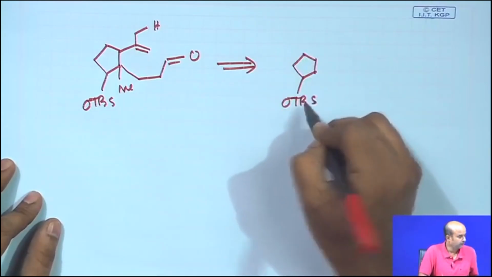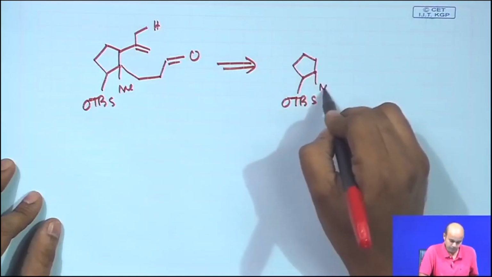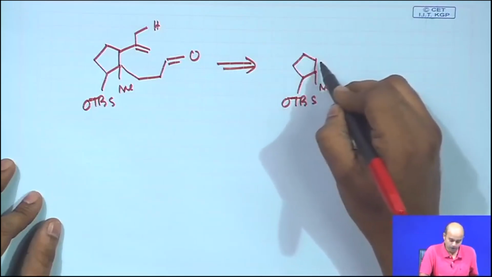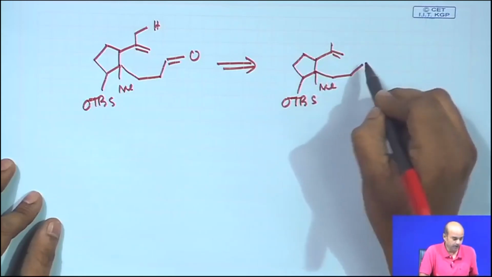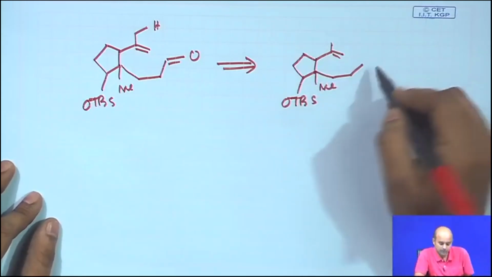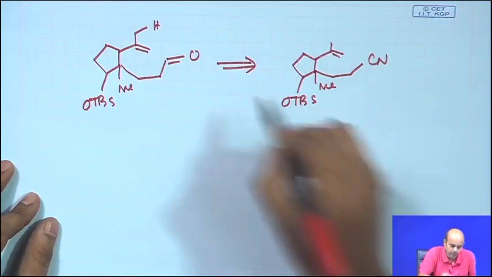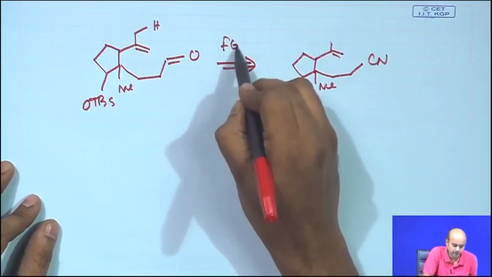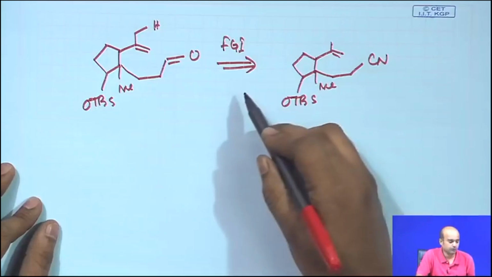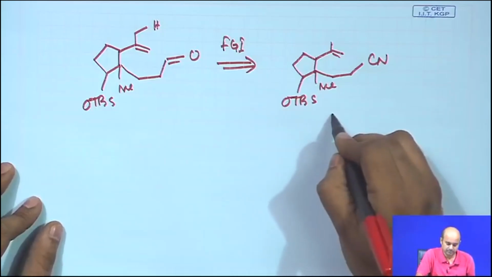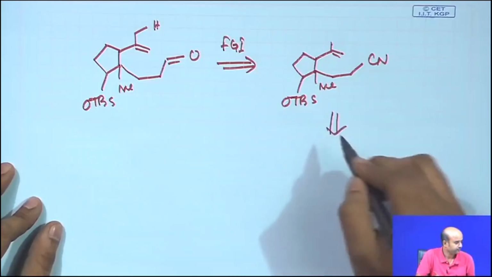How will we do it? We will keep the remaining groups all similar. We will try to convert this aldehyde by a functional group interconversion which we explained earlier. Treat the cyanide, if you have cyanide, react it to the aldehyde, fine, that is an FGI.